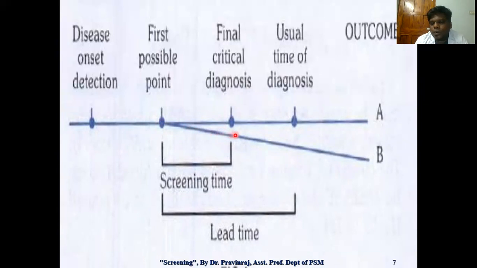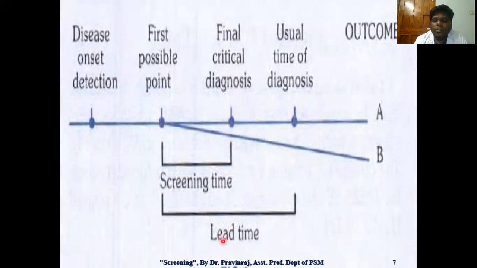So you are going to bypass all these complications, and the patient will fall into this category. There is something called screening time that you are seeing here. Screening time is nothing but the time between the first possible point of diagnosis and the final critical diagnosis.